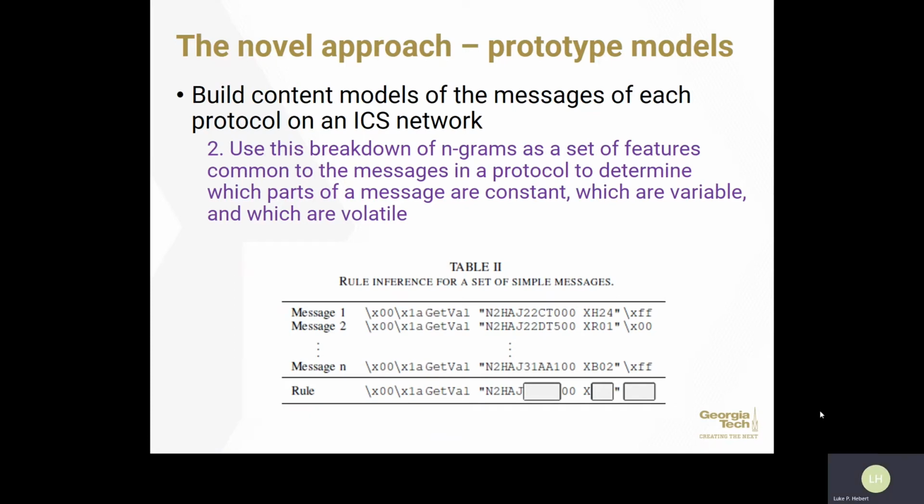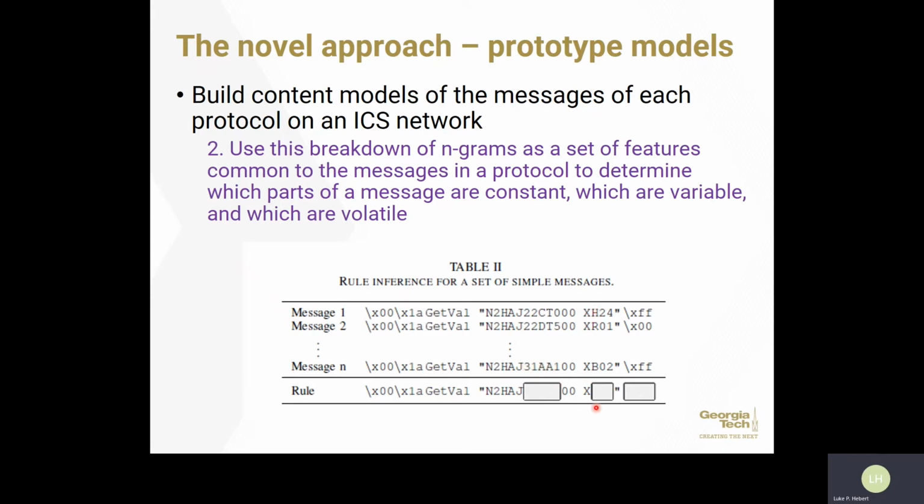Just to drive home the point, this is a rule created based on a series of sample messages to determine which parts of a message are variable or volatile. So you can see here that for each message up until HAJ, the ASCII data stays the same. But once we reach past J, we have an area that is apt to change. So we would call that variable.